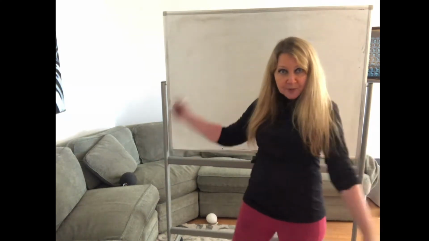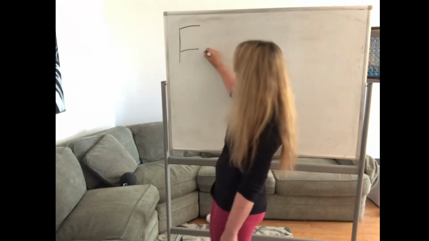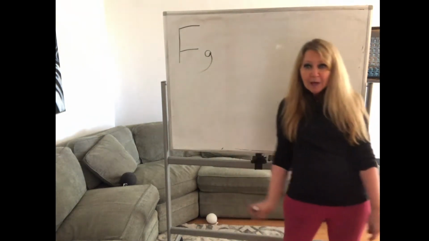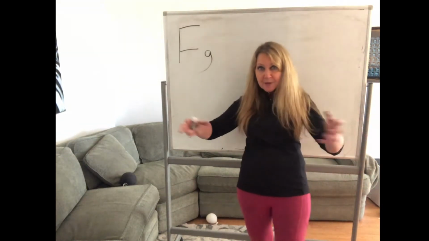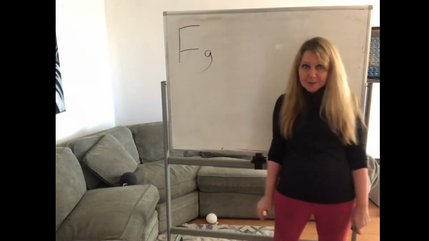If we look at Newton's law of gravity and how it's represented mathematically in a formula, we look at the force, which is F, the lowercase g. So really, when we talk about gravity, there's two ways we can talk about it. We can talk about the force that attracts two objects together and the gravitational constant.